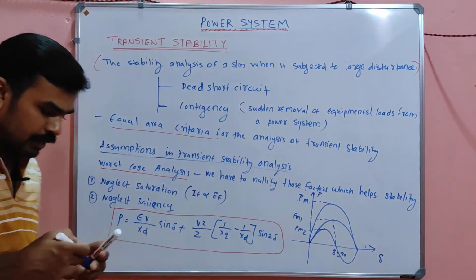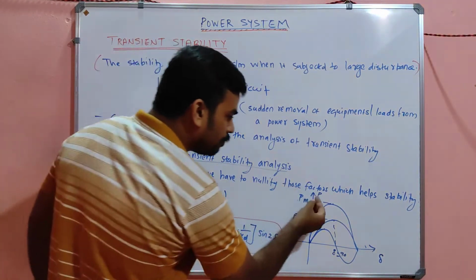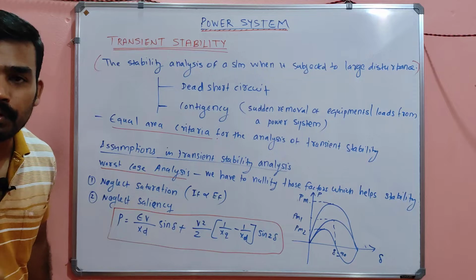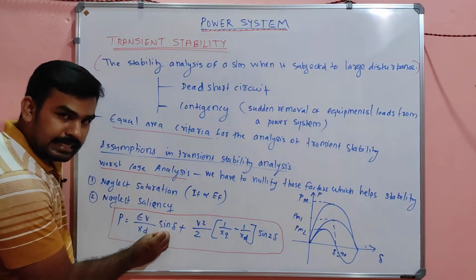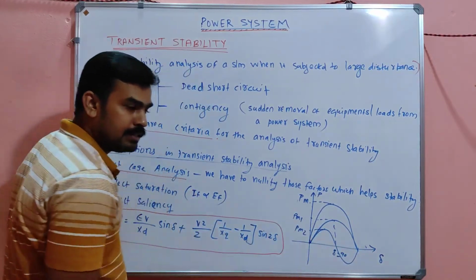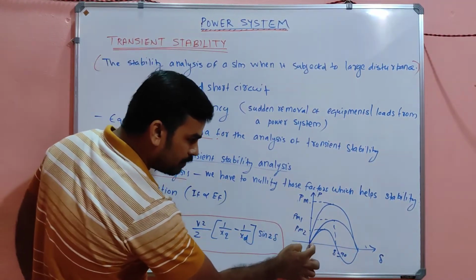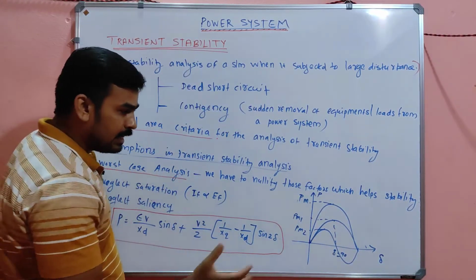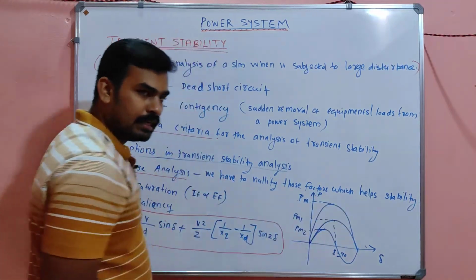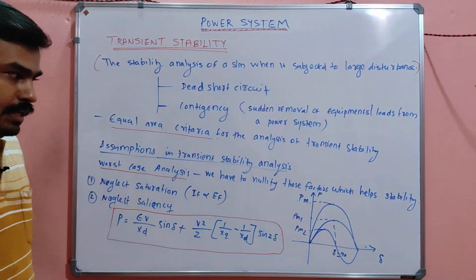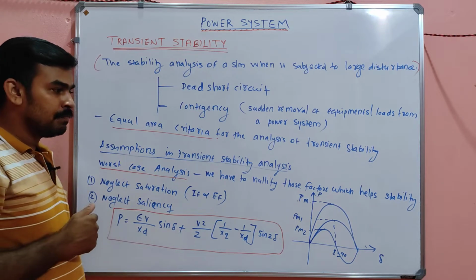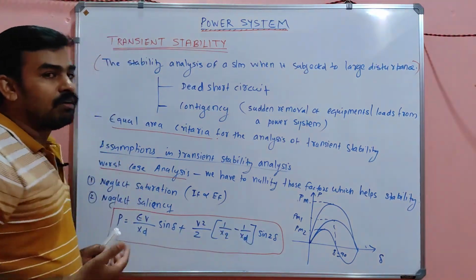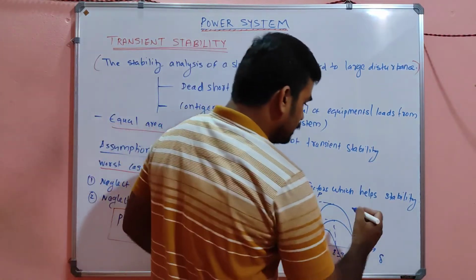So what happened in the overall output power of a salient pole alternator? See, my dear, the presence of one sine delta term will produce a waveform like this. The presence of the sine 2 delta term will produce a waveform like this. The combined effect will be higher. That means P max will be higher than PM1, higher than PM2, which means here you got the maximum stability limit.